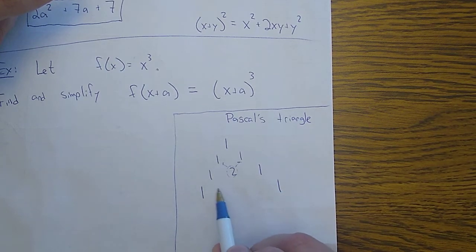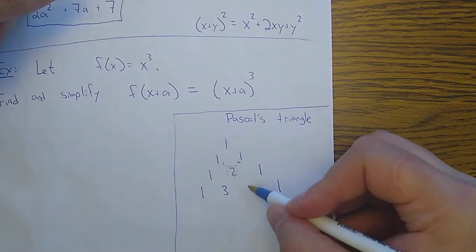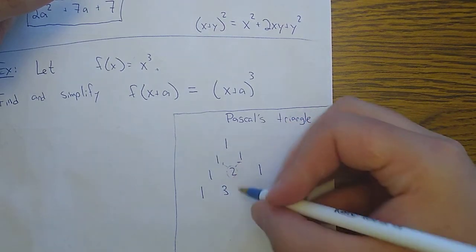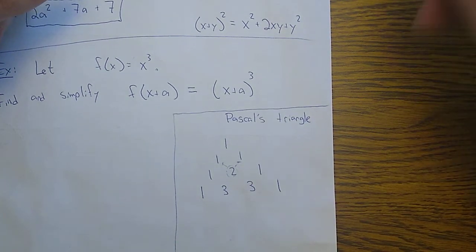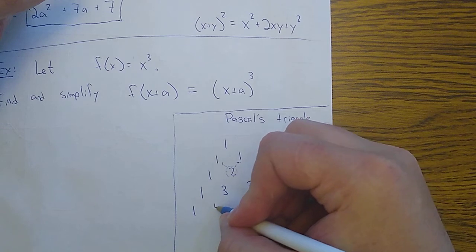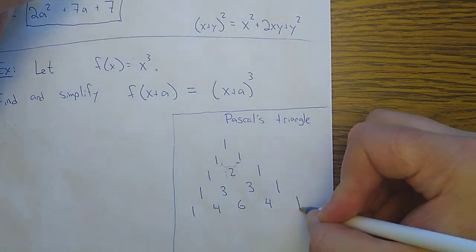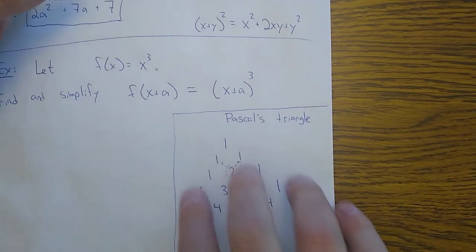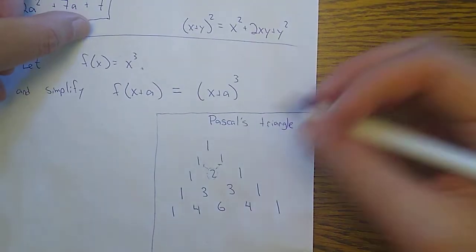There's going to be an entry here, which is the sum of the two numbers above it, so a 3, and then another entry here, which is the sum of the two numbers above it, so a 3. And let's do another row. 1, 4, 6, 4, 1. And like I said, this goes forever. Once you know the pattern for generating these, you can go forever.